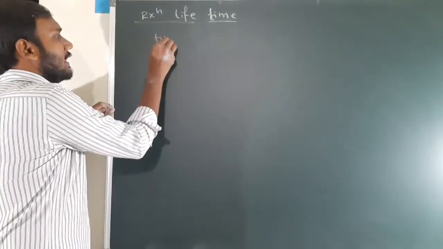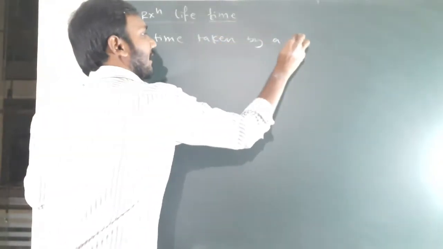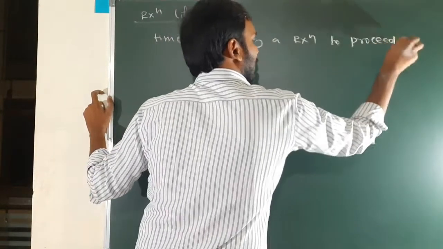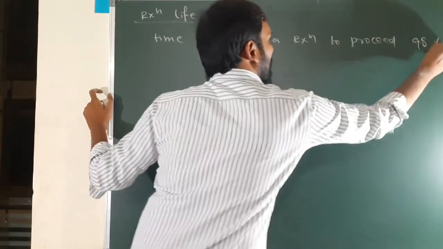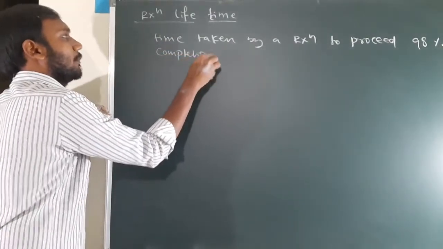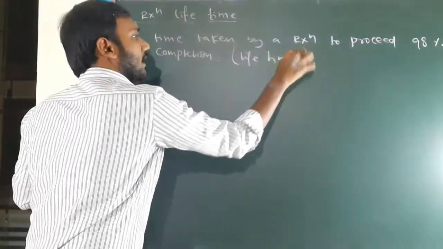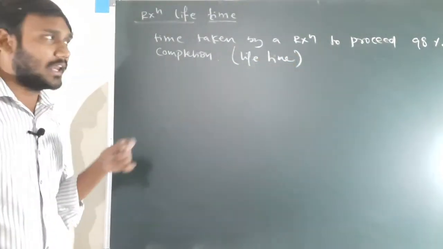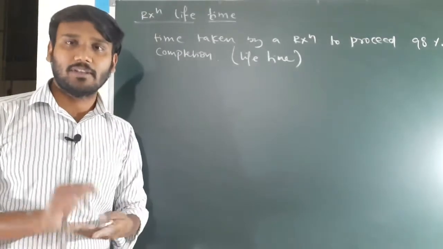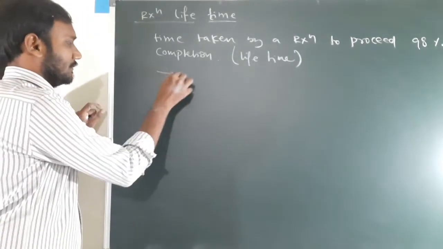That is called the lifetime of the reaction. Now, if the lifetime of the reaction is less, that means the reaction will be complete within less time. So if the lifetime of the reaction is less, the reaction will be fast.